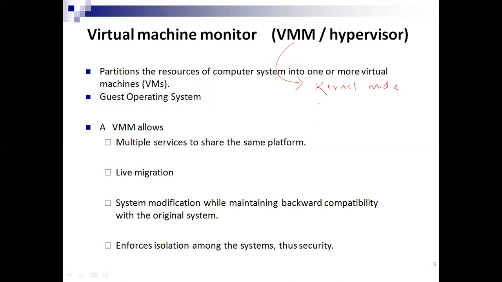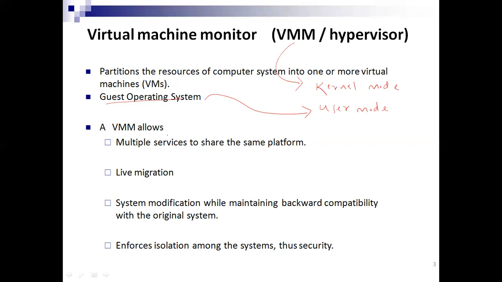The guest operating system runs in user mode. Sometimes the hardware supports a third mode of execution for the guest operating system.